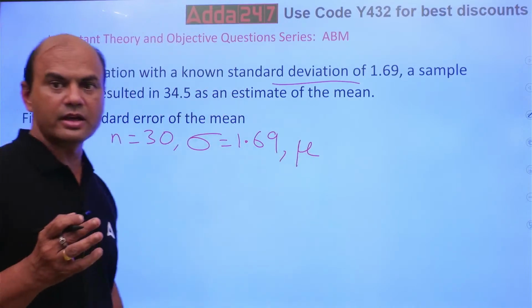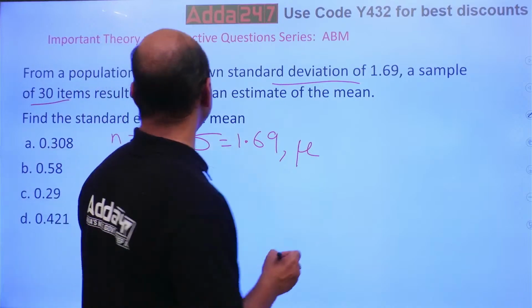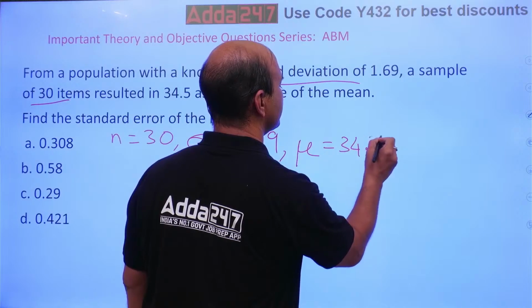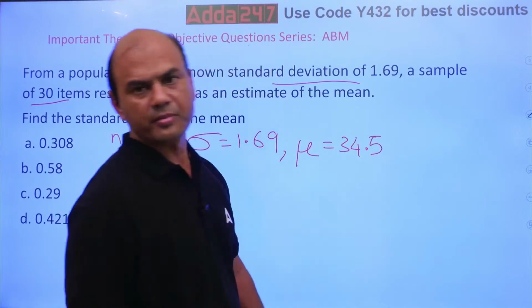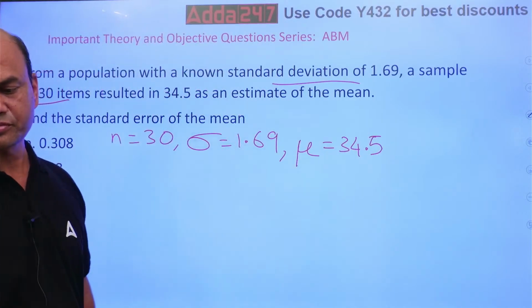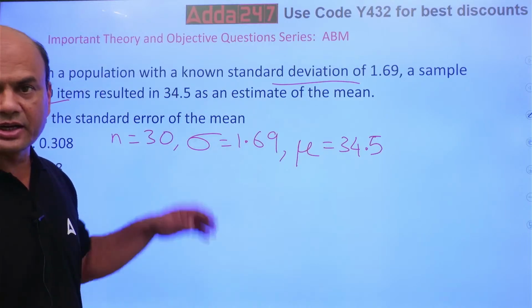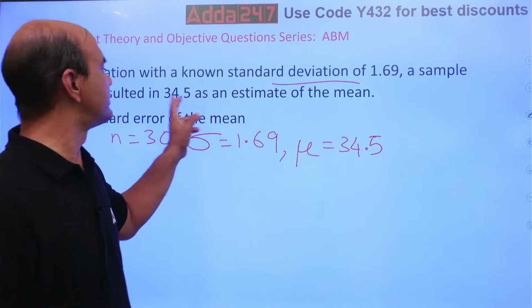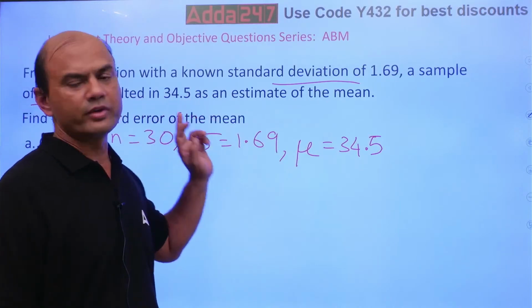Mean is always written as mu, so mu equals 34.5. So what is given? Standard deviation is 1.69, 30 items, and a mean of 34.5.